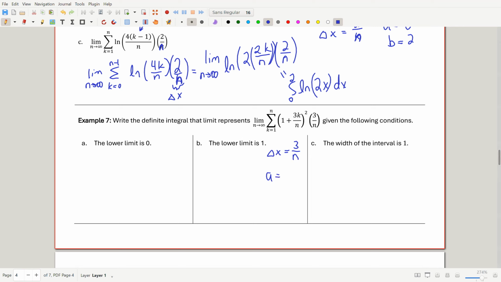They actually gave it has to be 1, which makes my b 4. So I have the integral from 1 to 4. A plus delta xk is 1 plus 3k over n. So it's basically the integral of x squared dx.